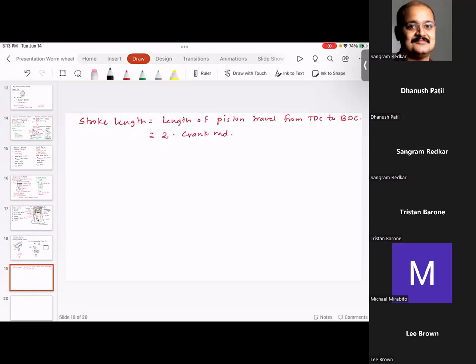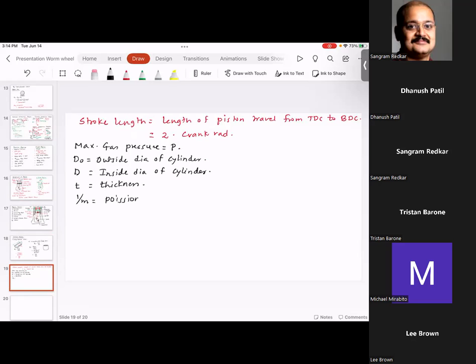So say the maximum gas pressure is equal to P, D outside is the outside diameter of the cylinder, D inside or D is just the inside diameter of the cylinder, T is thickness, 1 by M is equal to Poisson's ratio. Typically, this is considered as 0.25.